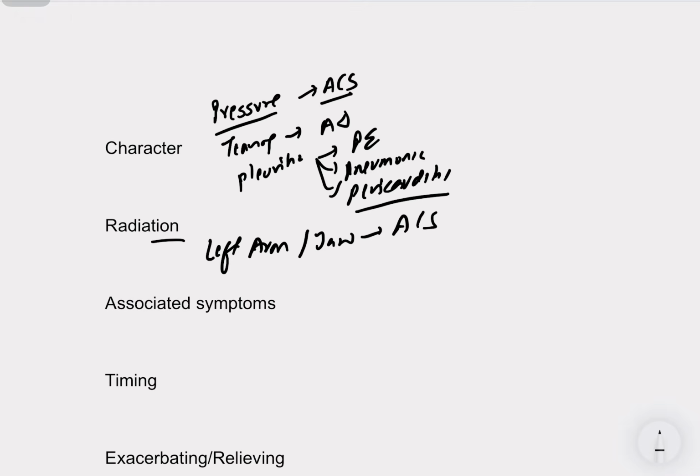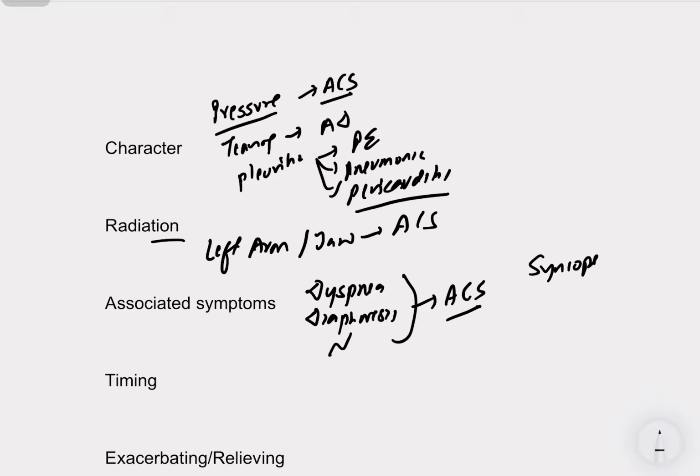Associated symptoms: dyspnea, diaphoresis or sweating, and nausea can be there in acute coronary syndrome. Syncope can be there in aortic dissection.